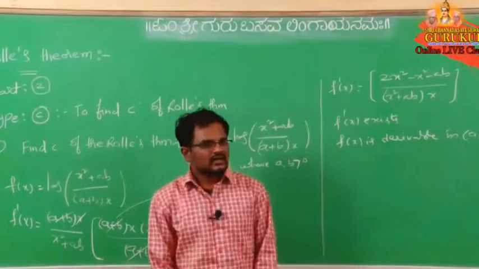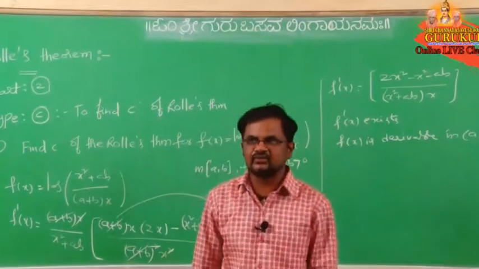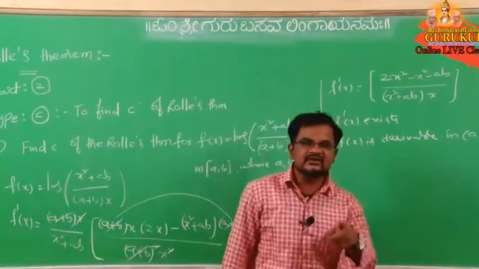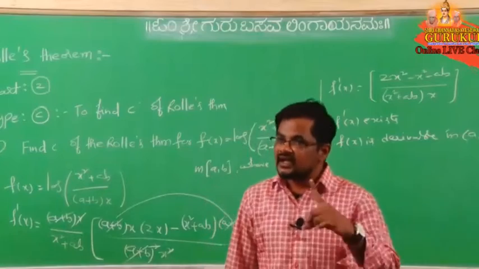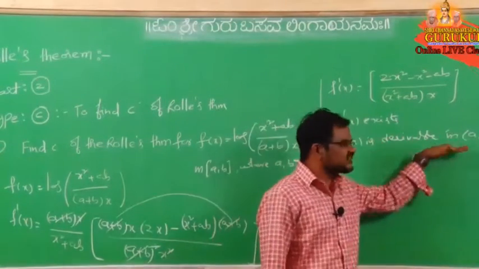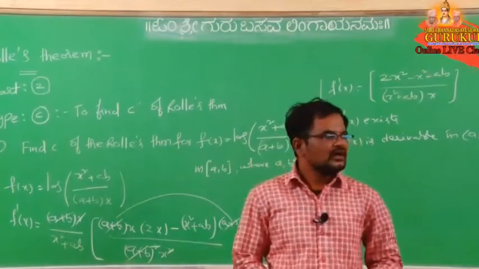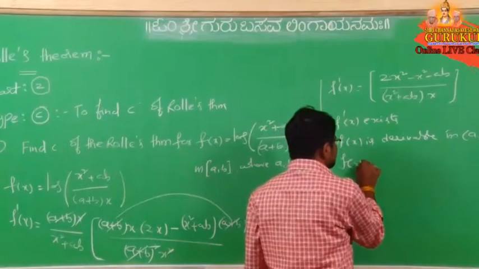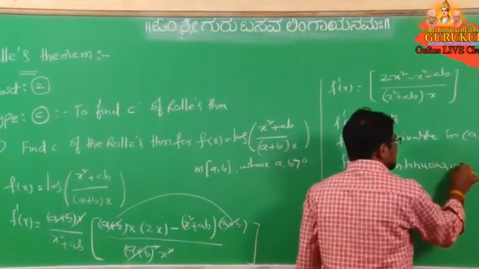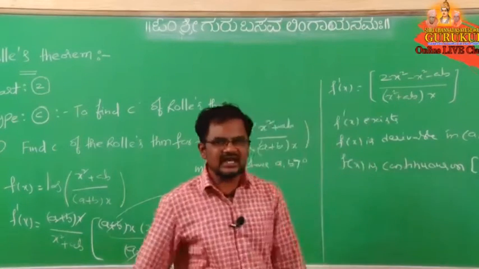We know one property: every differentiable function is what? Continuous. Whenever f is differentiable, definitely f is continuous also. So f of x is continuous on the closed interval a comma b, where a, b greater than 0.